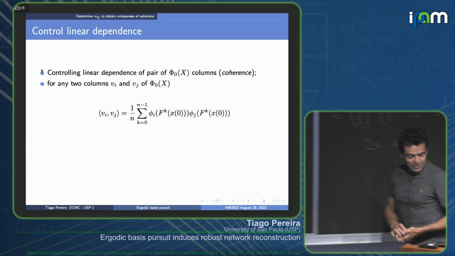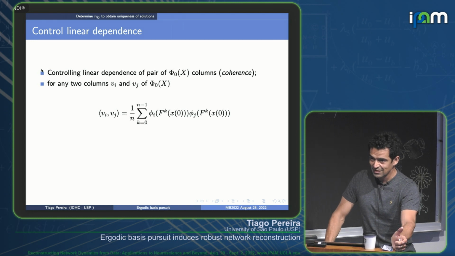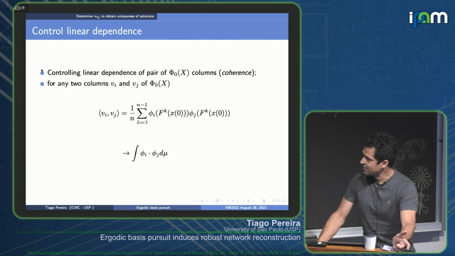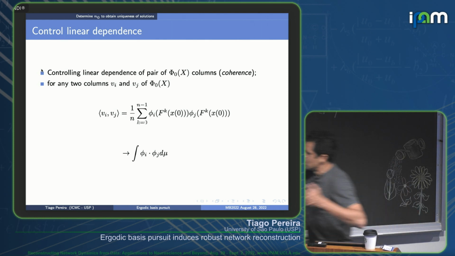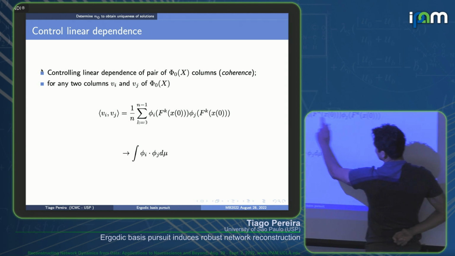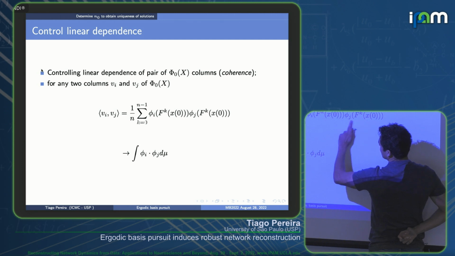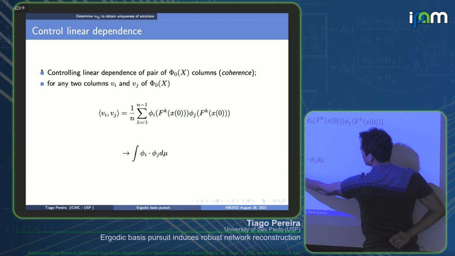I told you the network's dynamics was very crazy, was chaotic. By chaotic, I meant ergodic. And this basically means, by the ergodic theorem, that this is going to the average of these observables. So this is a time average over observables of my basis. There is an important theorem in dynamical systems saying that this time average over observables will converge when n goes to infinity.